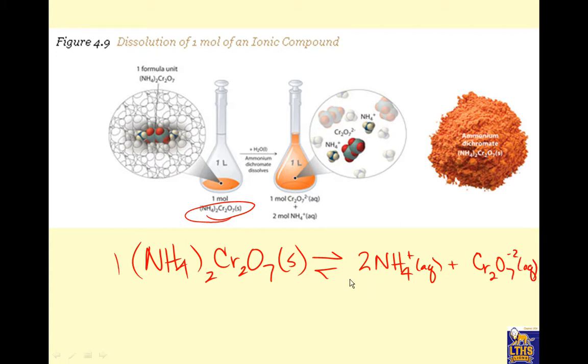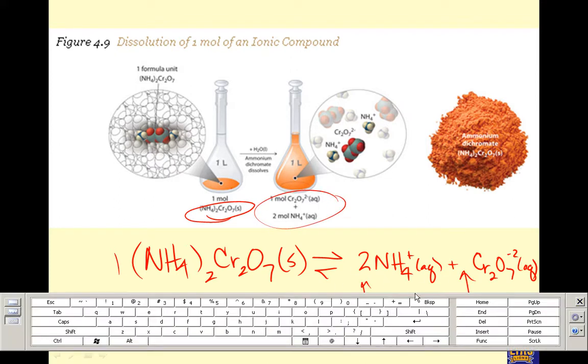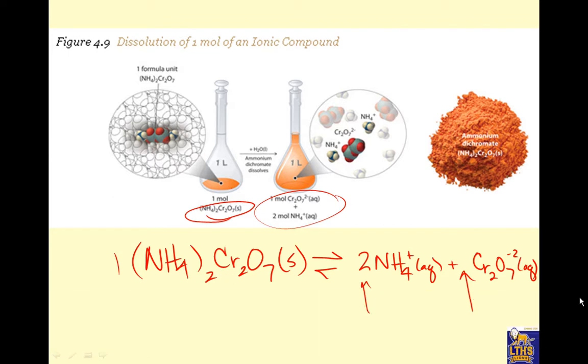So 1 mole of this makes 2 moles of that and 1 mole of that. So you get a lot of ions in solution, 3 times as many as you had solid particles.